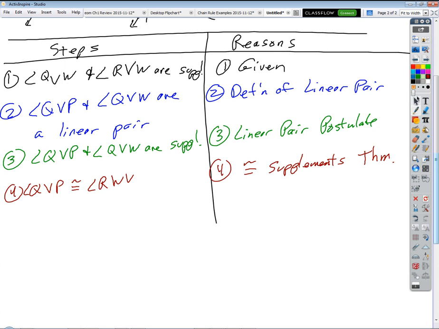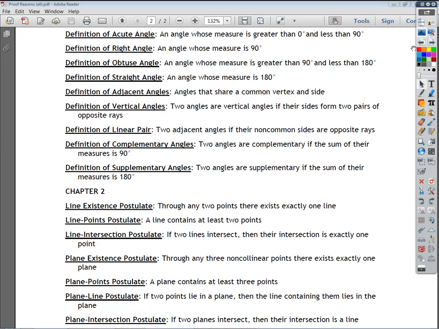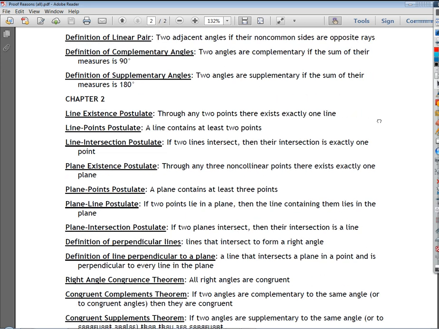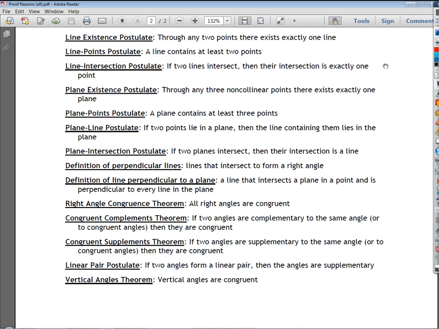Which, if you want to look at it, is this one right there. If two angles are supplementary to the same angle or to congruent angles, then they are congruent. Okay, make sense? Is this kind of filling in some gaps for you?